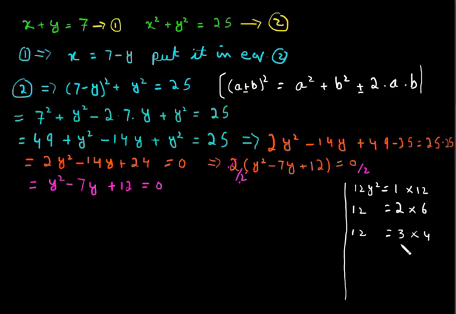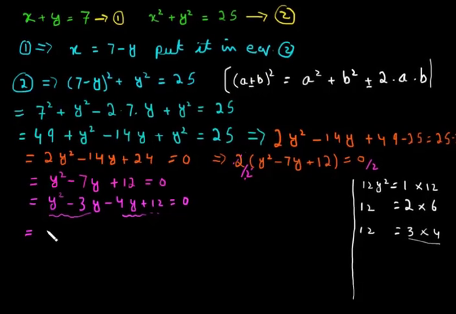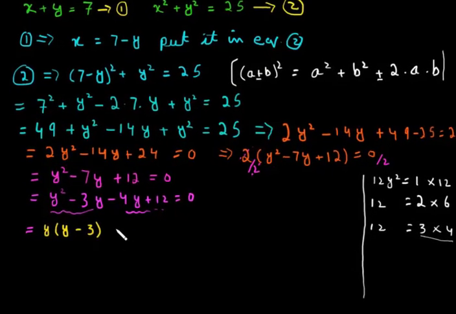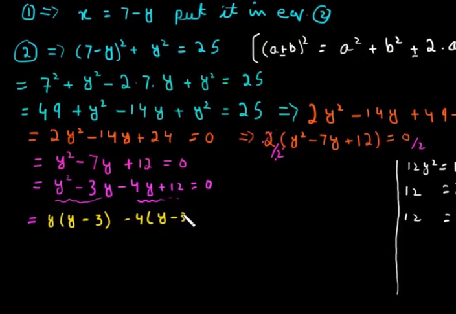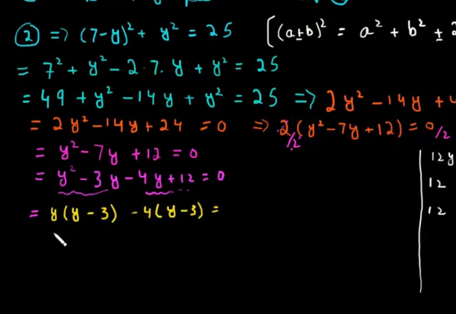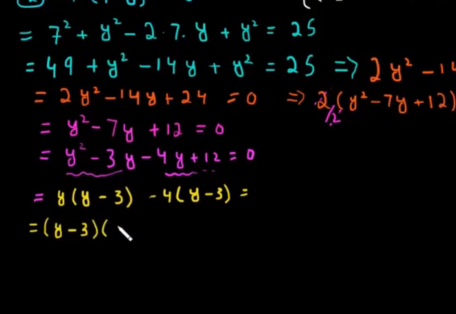So I will take this pair, and here I will get y squared minus 3y minus 4y plus 12 is equal to 0. I will make the first pair and the second pair, taking y common from the first pair. That will give me y, y minus 3 and minus 4. From the second pair, I will come up with y minus 3. Now, taking y minus 3 common, I will write it as y minus 3 times y minus 4.